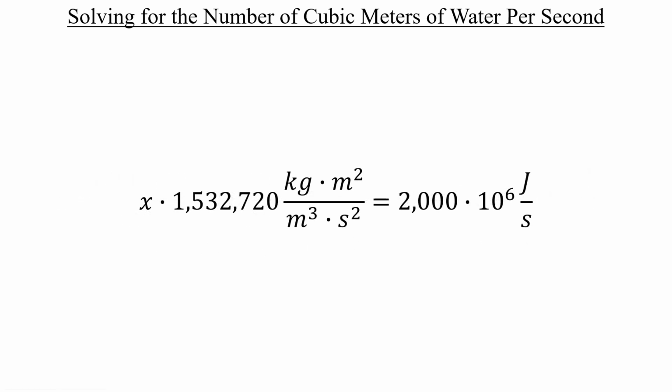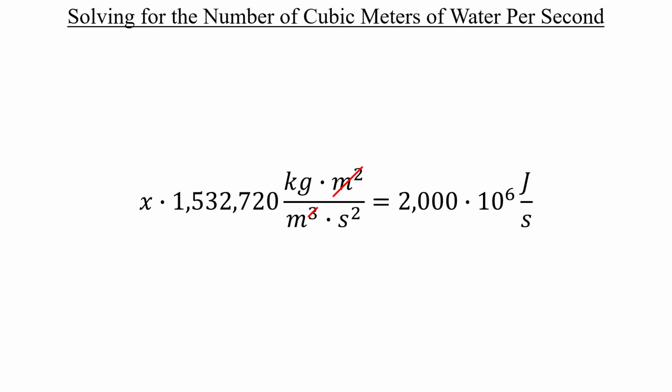You should end up with the following, and I'll go through the process of unit cancellation just so that we're all on the same page. Since we have meters cubed below, we can eliminate the meters squared upstairs, and that will leave us with a single meter unit in the denominator.